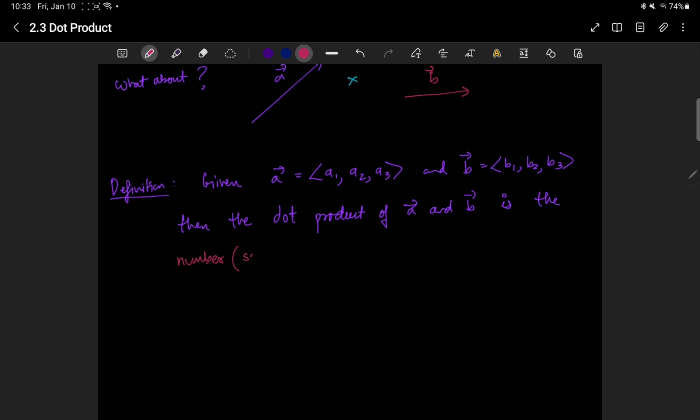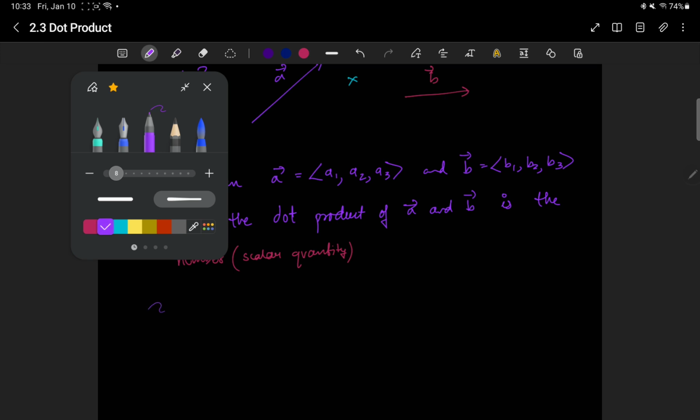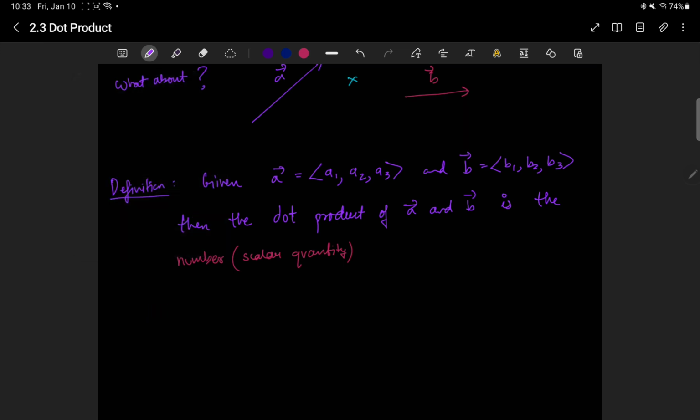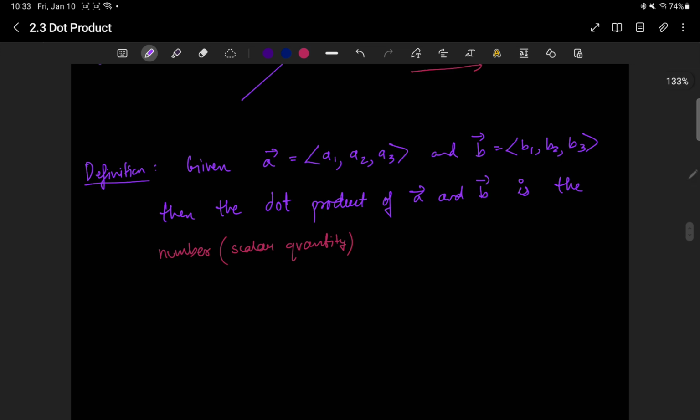So what that means is this is a scalar quantity. So this is a particular kind of product of two vectors, which does not give us a vector. It gives us a number, it gives us a scalar quantity.